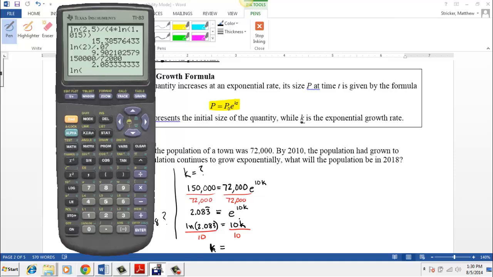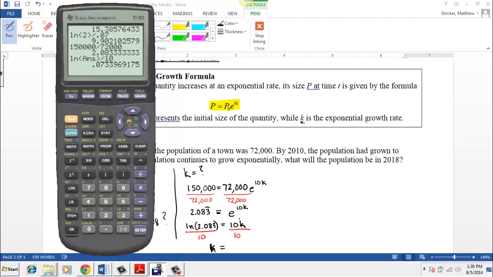Instead, what we want to do is get the previous answer. And the way you do that is you first hit the second button, the yellow button, and then right here where the negative button is, there are 3 little letters above it, A N S, which stands for previous answer. And so if you hit that button, you get ANS in there. And I want to take the natural log of my previous answer, that 2.083, and I want to divide it by 10. And that gives me my growth rate.